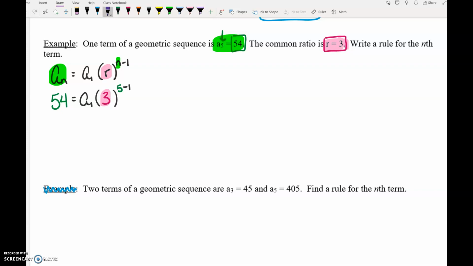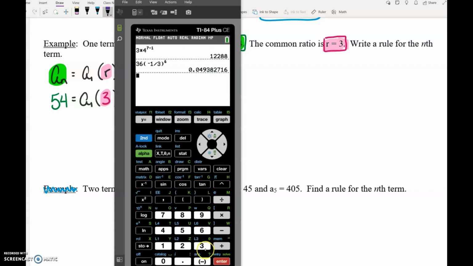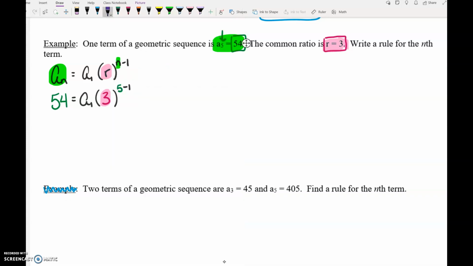Okay, let's do some math. 5 minus 1 is 4, so we can do 3 to the 4th. So grab your calculator. 3 to the 4th is 81. So I've got 54 equals a sub 1 times 81. How do I undo times 81? Divide by 81.